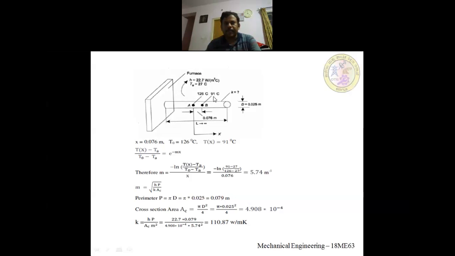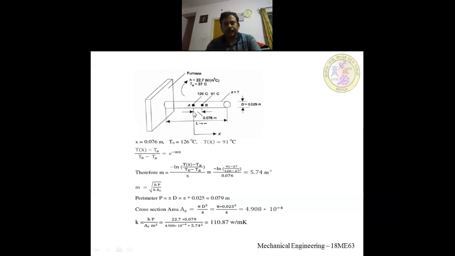At point B, 91 degrees Celsius, and the distance between these two points is 0.076 meters. Also shown are h and T_A, 22.7 and 27, and the diameter. You have to find the thermal conductivity.